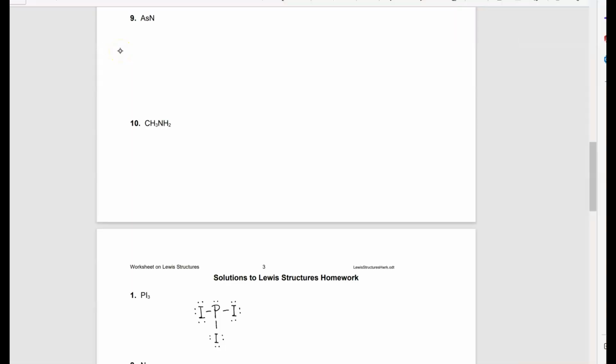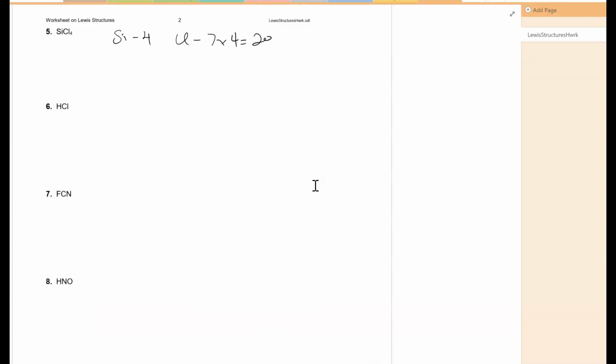My OneNote just kicked me out. Give me 1 second. All right, back to silicon. So silicon has 4 valence, chlorine has 7. Then we're going to put silicon in the middle, chlorine surrounding it.